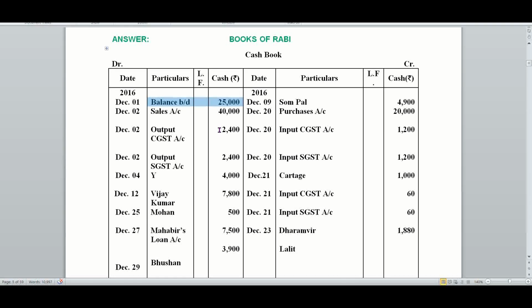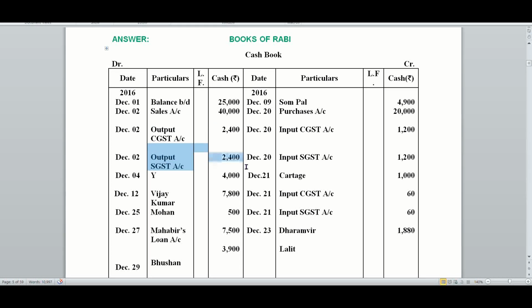The next one is your cash sale. Cash sale is 40,000, CGST 6% and SGST 6%. Friends, if you have pen and paper, please write the journal entry. This is a cash sale. The sale amount is 40,000 and output CGST is 6%. 40,000 into 6% comes to 2,400.